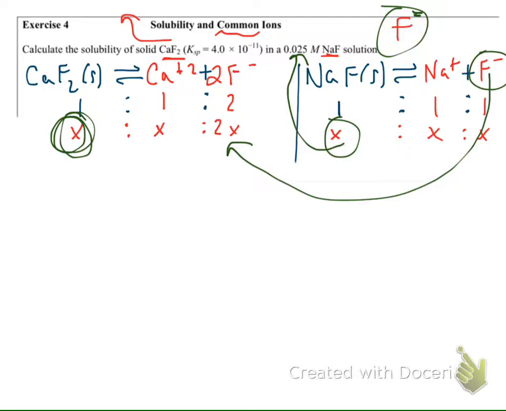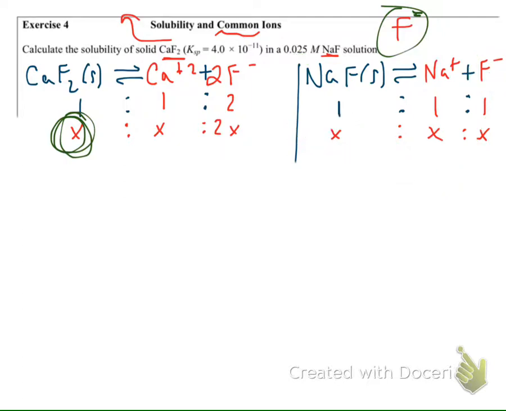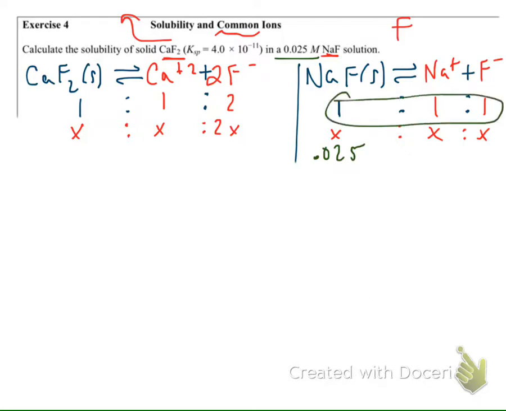So it takes just a couple other steps, but let's do that. So if we want to plug in this number, get rid of the green for now, we are told that this 0.025 is this value. So because of this 1 to 1 to 1 ratio, this is also 0.025 and 0.025.